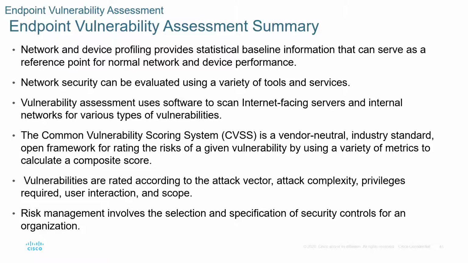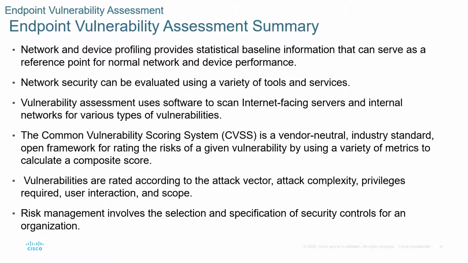We're also going to need to have network security evaluated by a variety of tools and services. We're going to use a vulnerability assessment, which is going to scan the internet-facing servers and internal networks for various types of vulnerabilities. That assessment is going to return us what is called a Common Vulnerability Scoring System, or a CVSS score.